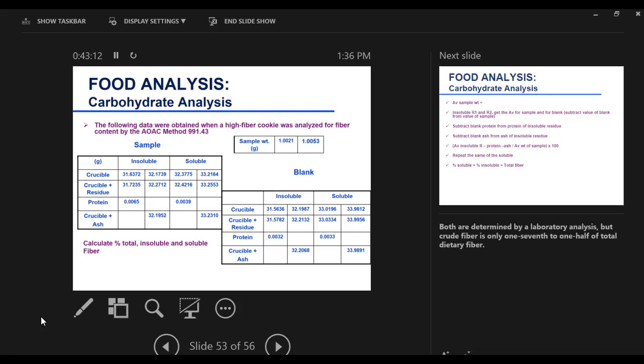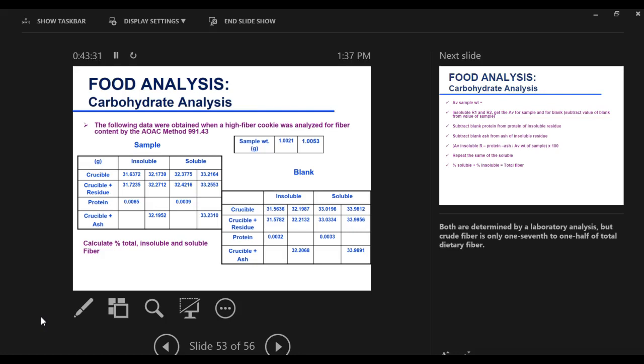is after we filter, we have the residue that is filtered out, and then the soluble part that we precipitate with ethanol separately is also filtered into a crucible.